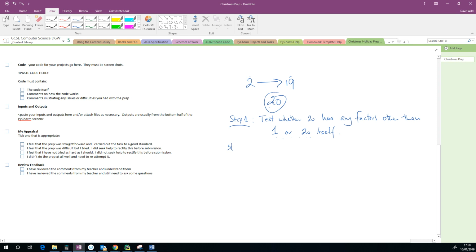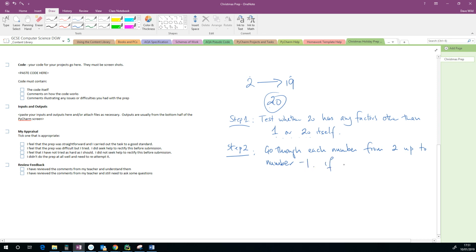So step 2 is I want to go through each number from 2 up to whatever number we've got, which we're calling number, minus 1.